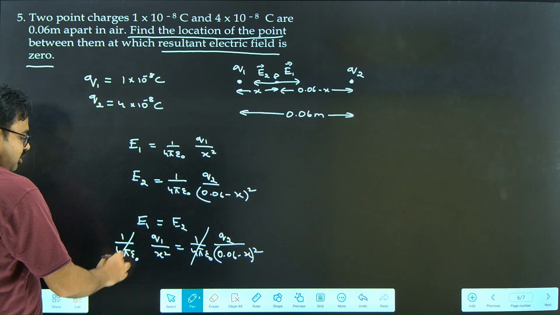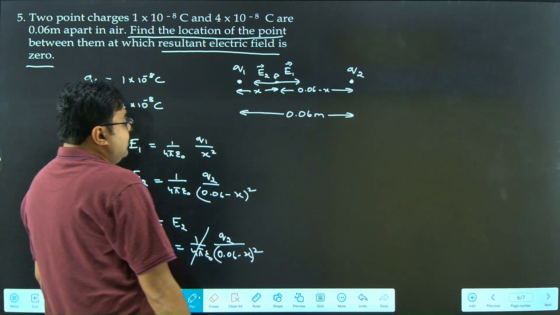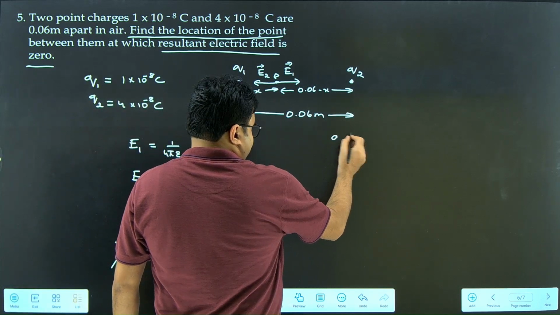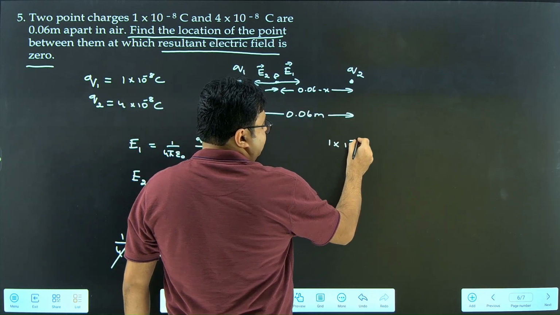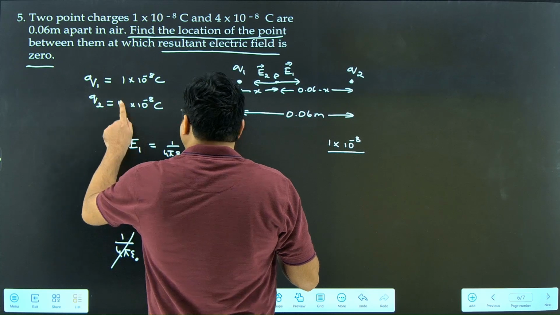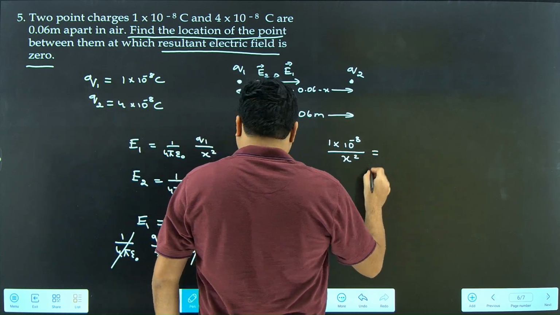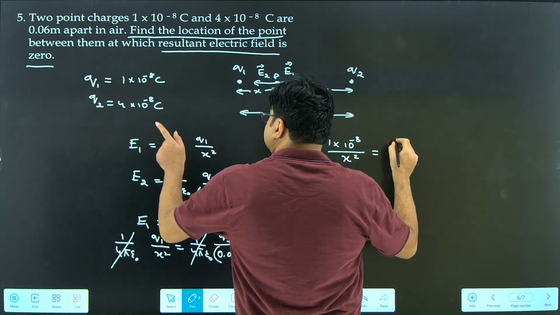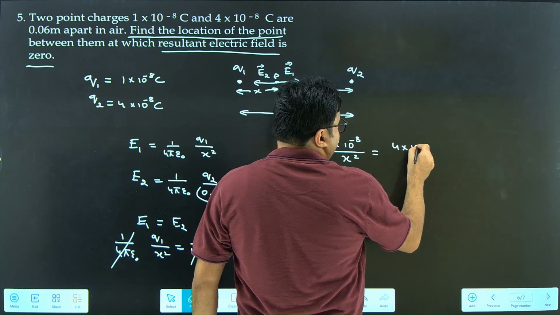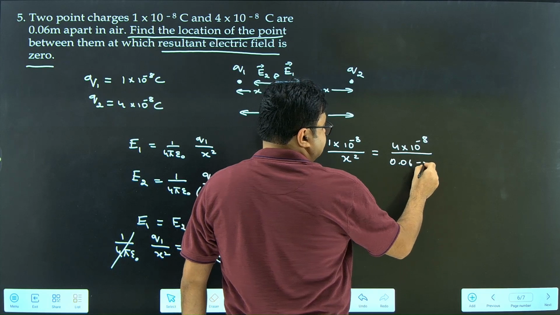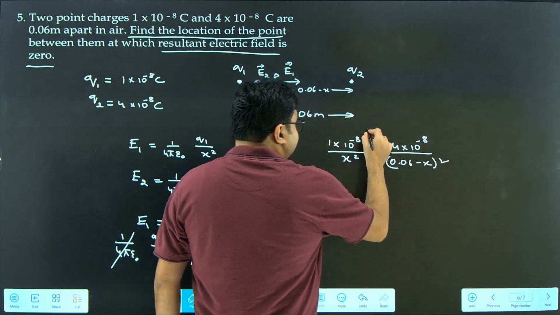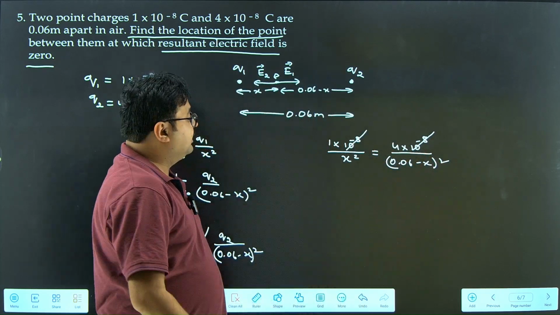You have 1 by 4 pi epsilon naught getting cancelled. We have Q1. Substituting for Q1, it is 1 into 10 to the power of minus 8 divided by x square equal to Q2. Q2 is 4 into 10 to the power of minus 8 divided by 0.06 minus x the whole square. 10 power minus 8 and 10 power minus 8 get cancelled.